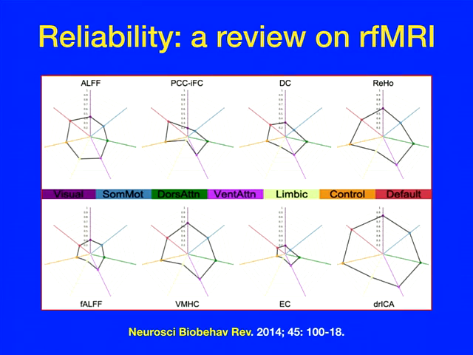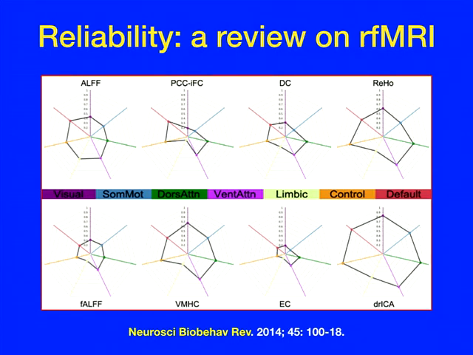So the bigger area of this spider graph means higher reliability. This one is good. This one, regional homogeneity, is good.